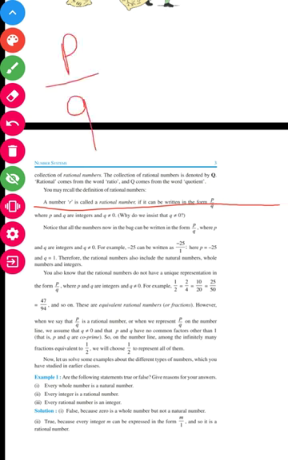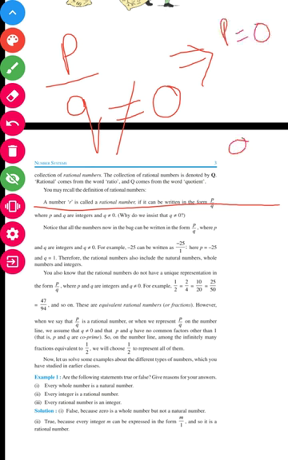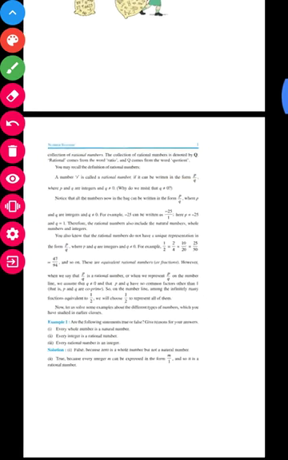What are the integers? We already learned that they are all the numbers which are not fractional. Here Q is not equal to 0, and one thing more, P can be equal to 0. We can write it as 0/1. This is also a rational number.